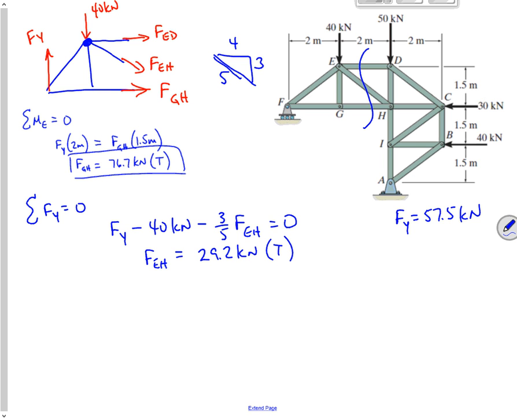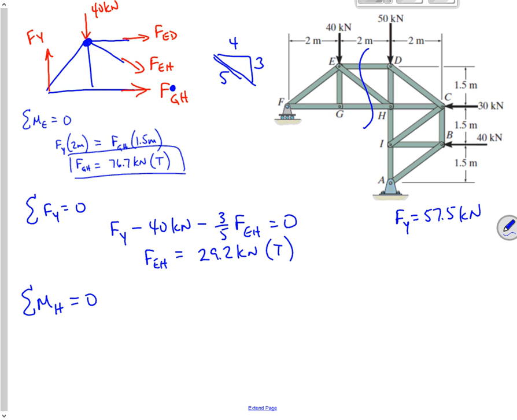So I'm going to choose to do the sum of the moments about H equals 0. Now H is over here off the picture. It's not part of the piece I cut, but 2 of those forces pass through that point, so they don't produce a moment about that point.